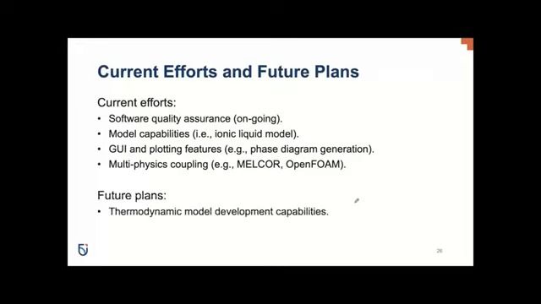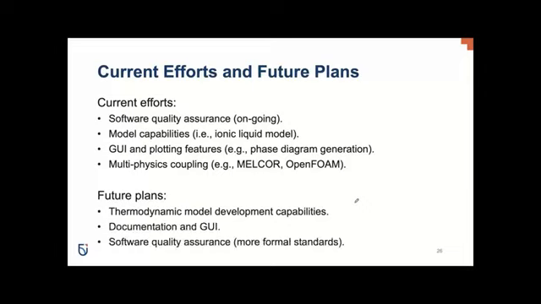Some future plans, we'll continue some thermodynamic model development capabilities as they arise, but I would say, like, at this point, it's pretty mature and the needs are not that great. Continued documentation and development of the graphical user interface to make it a more user-friendly experience for most folks.